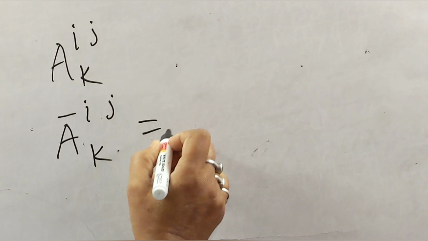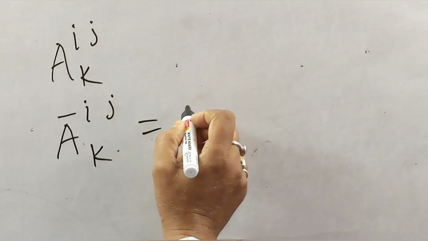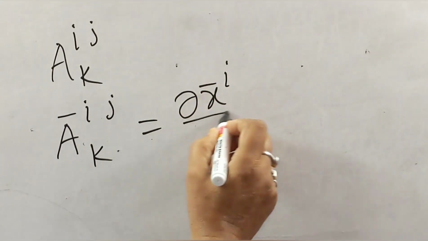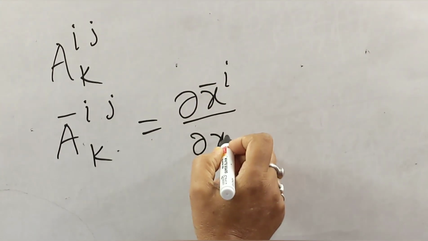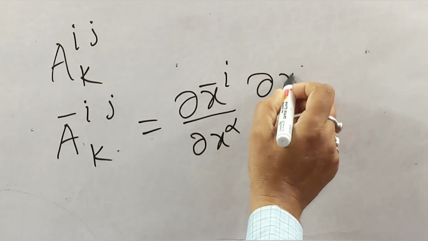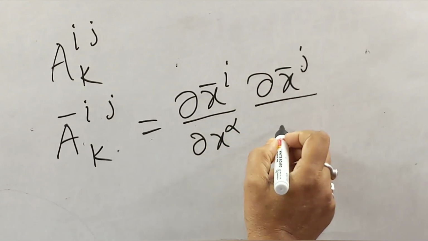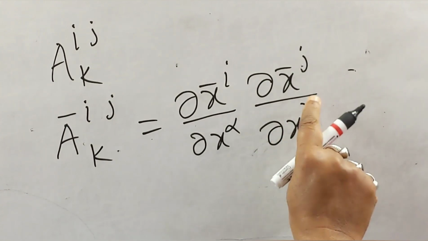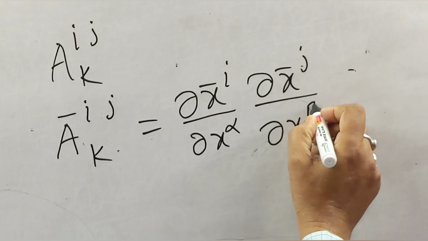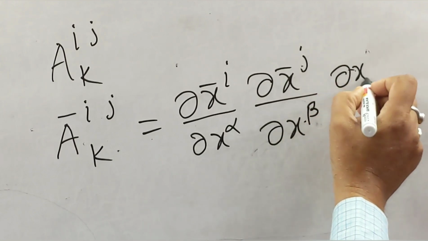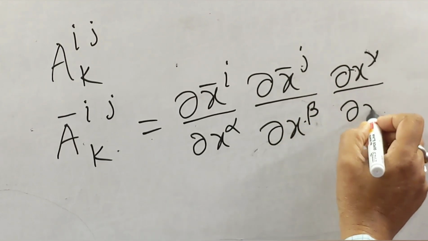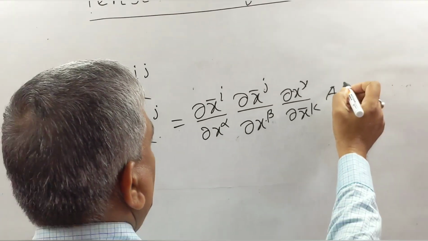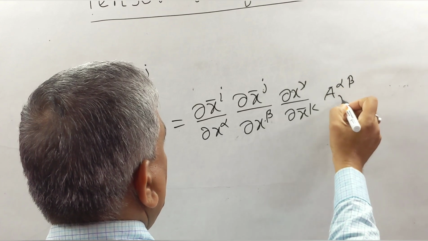According to the tensor law of transformation, this equals del x bar i by del x alpha, del x bar j by del x beta, del x gamma by del x bar k, a alpha beta gamma.